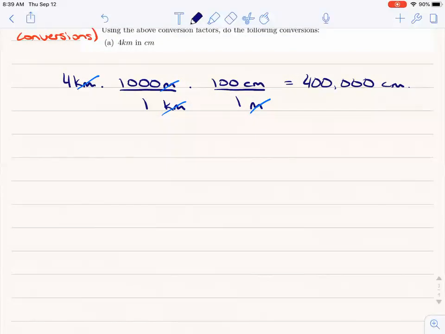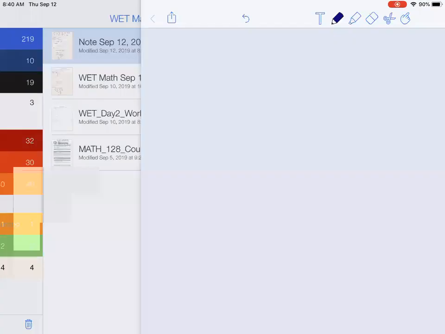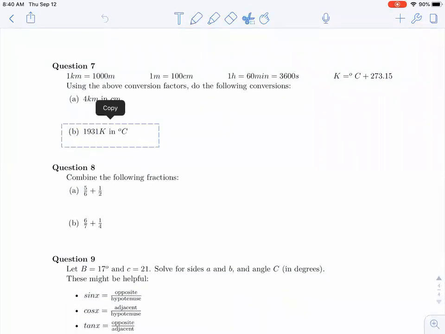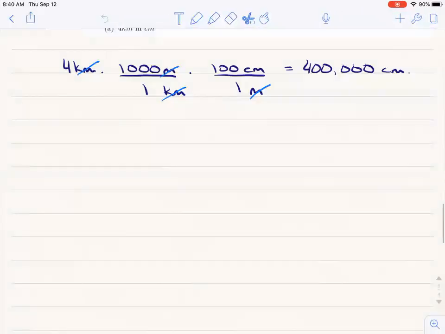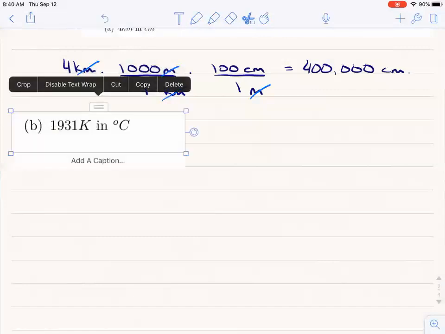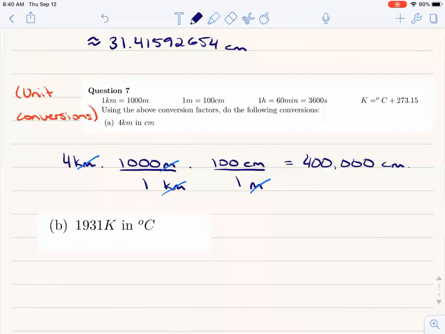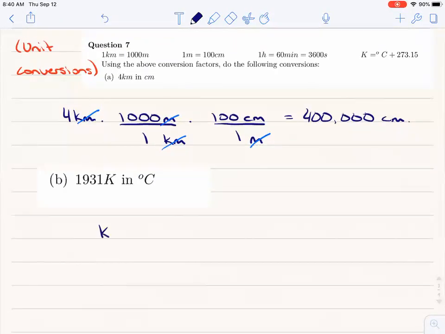Or if we have an equation, so a formula, then in part B we're converting 1,931 kelvins into degrees Celsius, and we know that the general formula is Kelvin equals degrees Celsius plus 273.15.